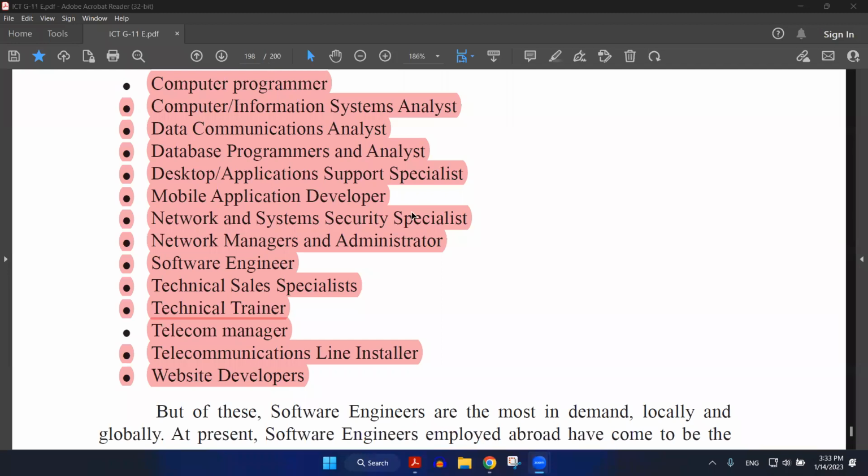Can we move forward? Anyone who's still writing this?